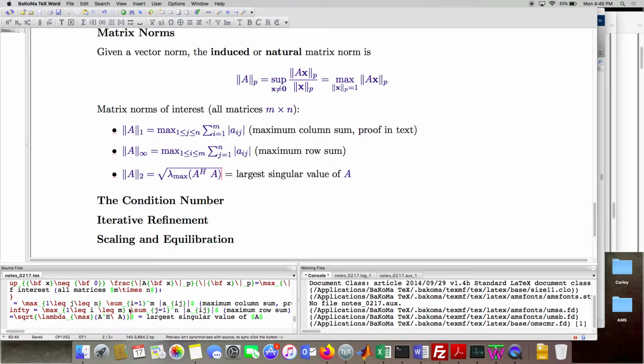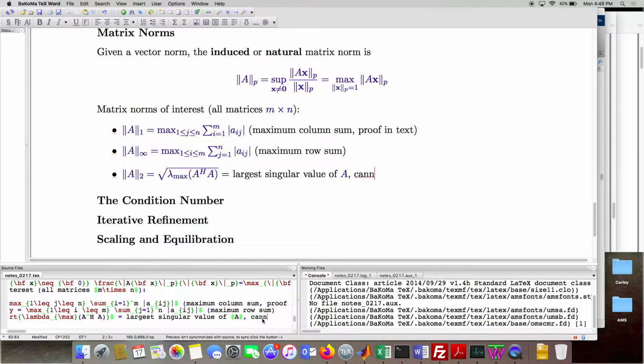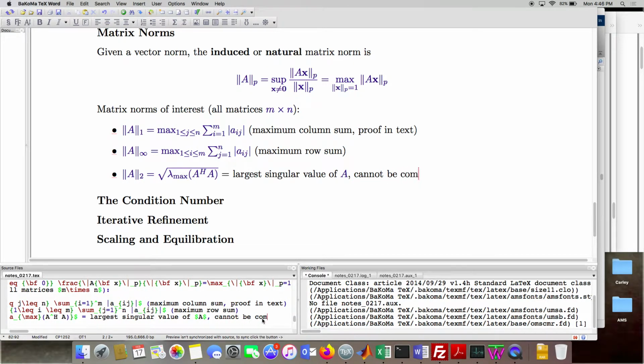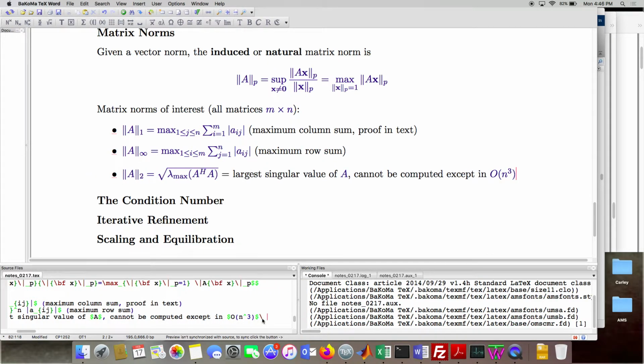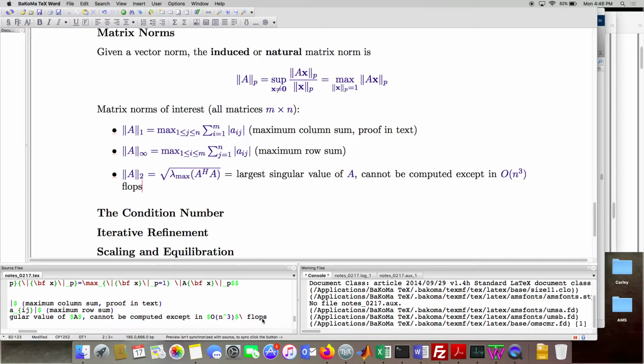But we have here, if you take A Hermitian transpose A, the largest eigenvalue, which is going to be a real number, the square root is the 2 norm of A. Now, a big problem with a matrix 2 norm as opposed to a vector 2 norm is that for a general matrix, it requires order n cubed floating point operations to get the largest eigenvalue with very high accuracy.